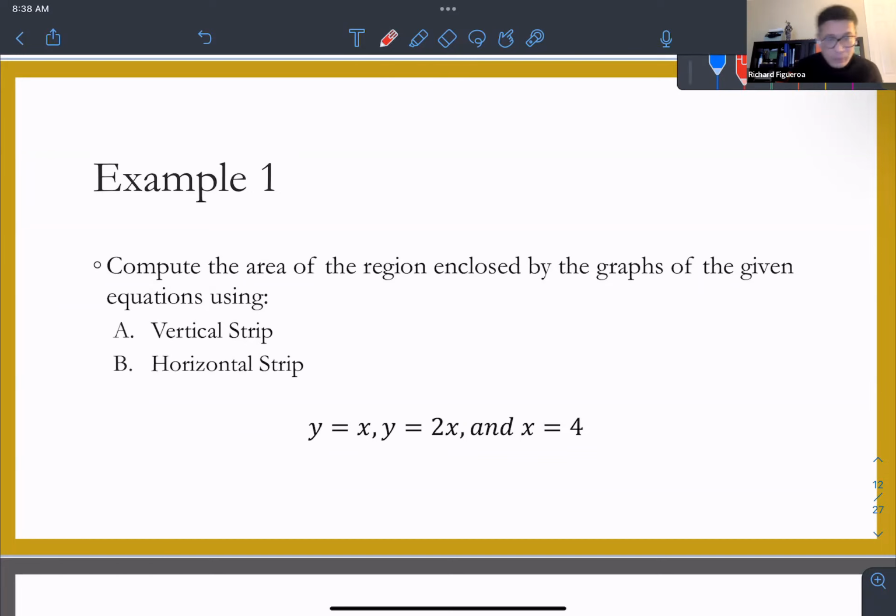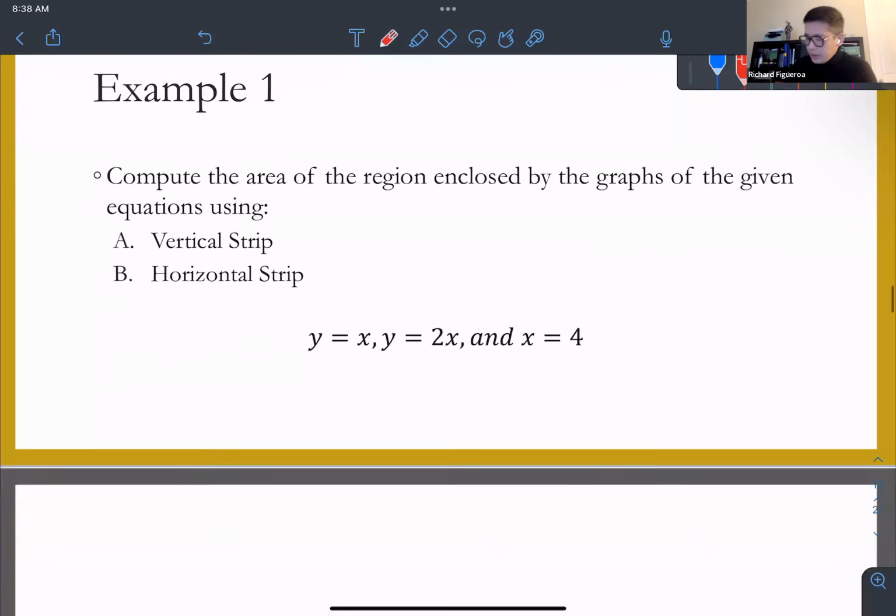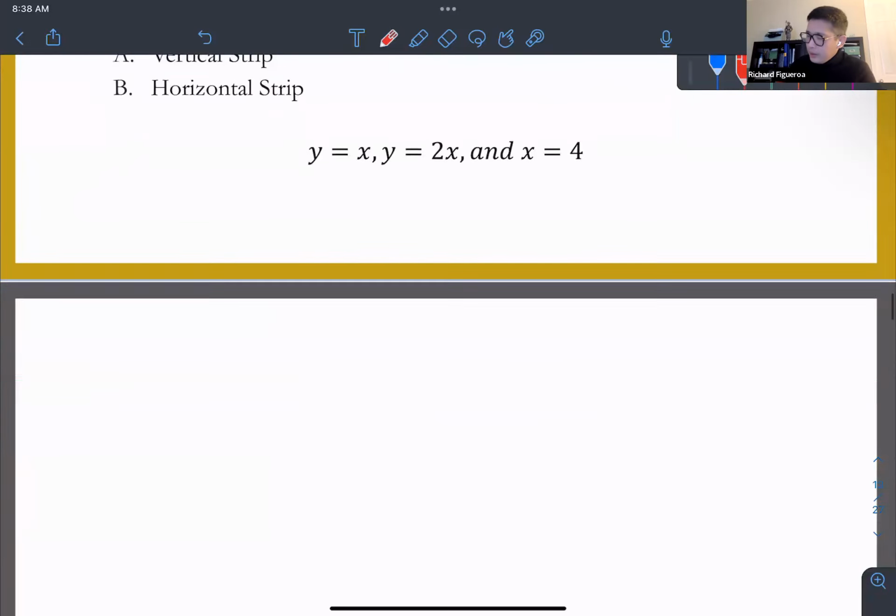Because if you do not know that one, it will let you proceed to a more complex solution. Okay, so we have three graphs, no? Or three functions. The first one is y is equals to x. The second is y is equals to 2x. The last one is x is equals to 4y.